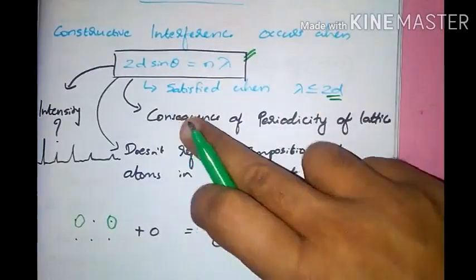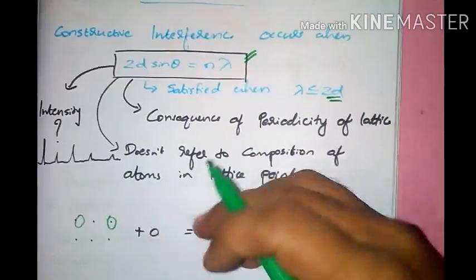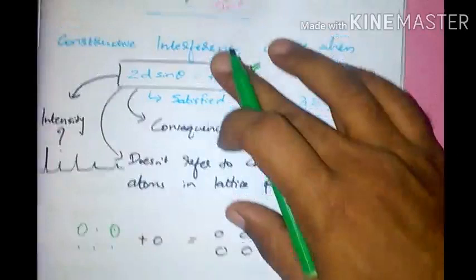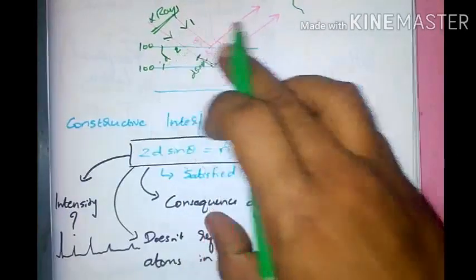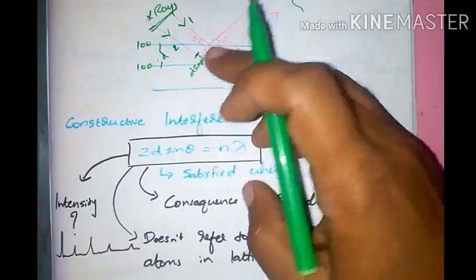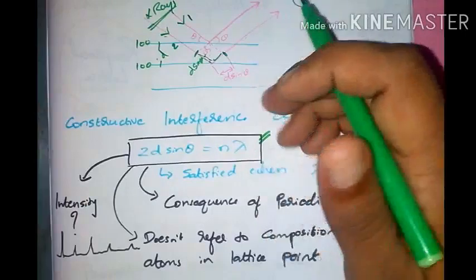So this periodic arrangement of the lattice causes this. These planes are made by the periodic arrangement of atoms.